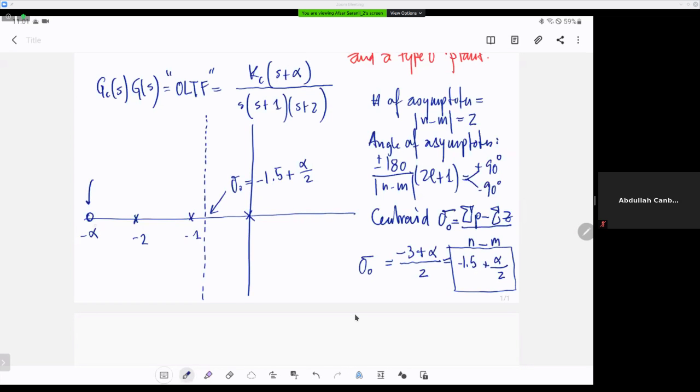Putting the zero to the left-hand side is advantageous, but unfortunately that moves our centroid towards the right. That's not desirable, because if the asymptotes cross to the unstable side, they will eventually pull our root locus to that side as well.